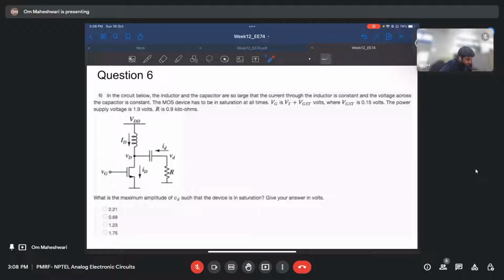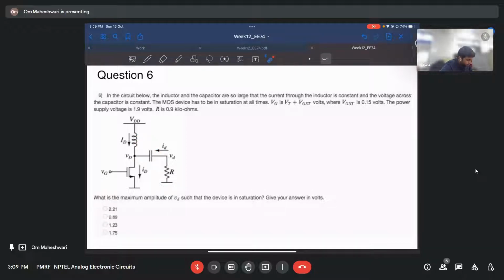So through this path, if we assume, let's say, at low frequency the inductor will be open circuit, and at high frequency the inductor is short. So this capacitor would be charged with VDD, right?